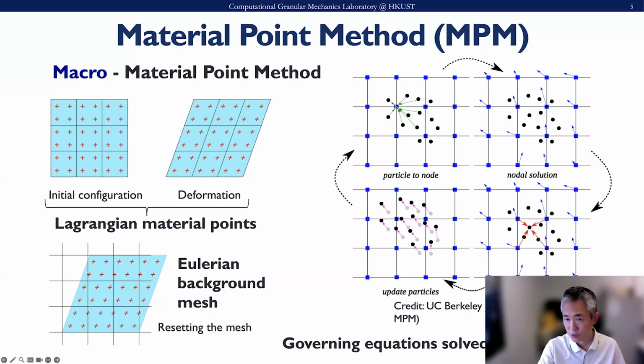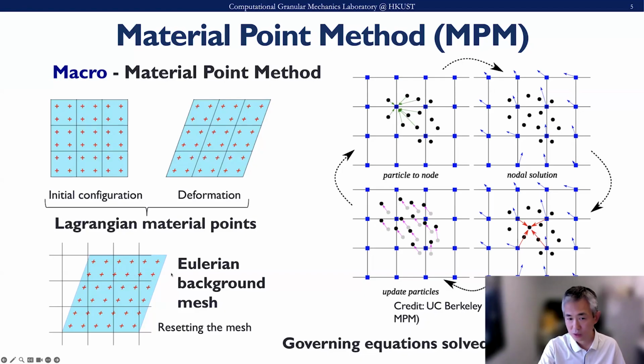And once you get all the parameters, the governing equation is solved on these Eulerian nodes here. When it's solved, you further interpolate and map to the surrounding Lagrangian material points here.